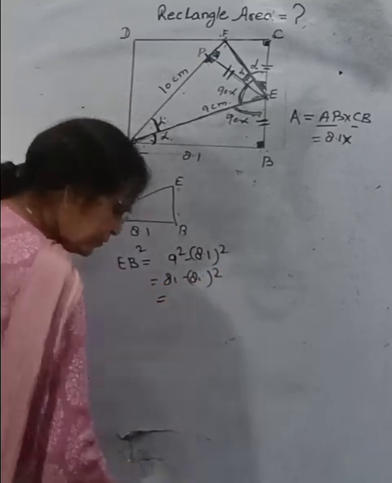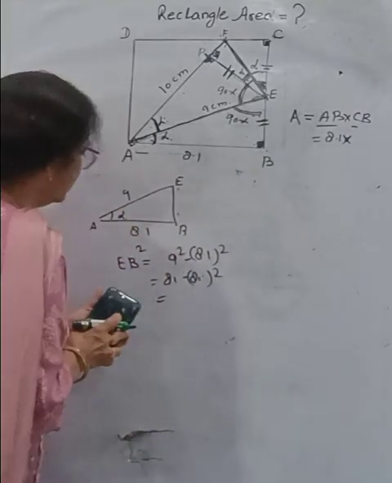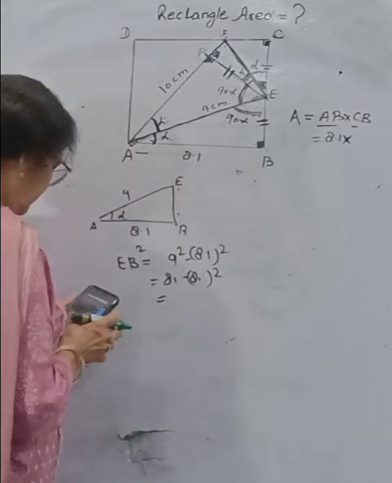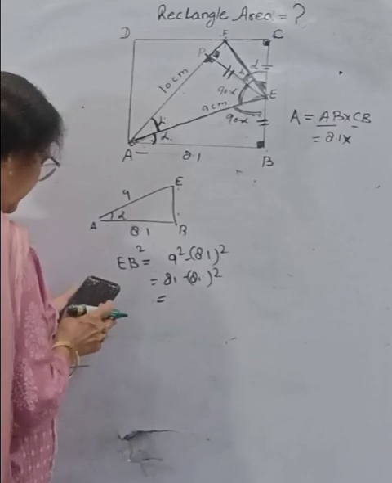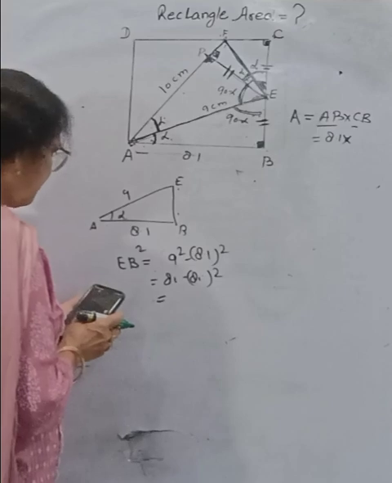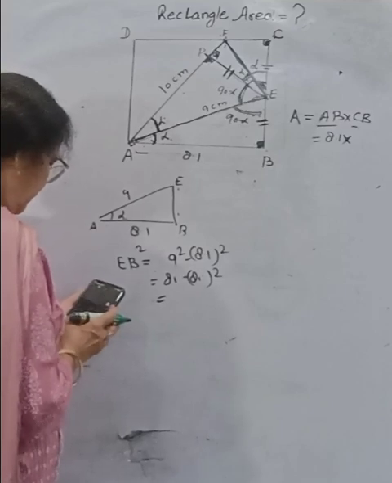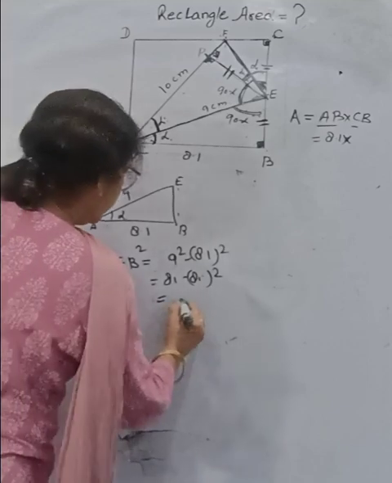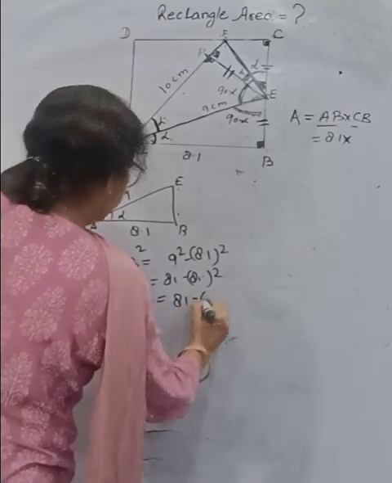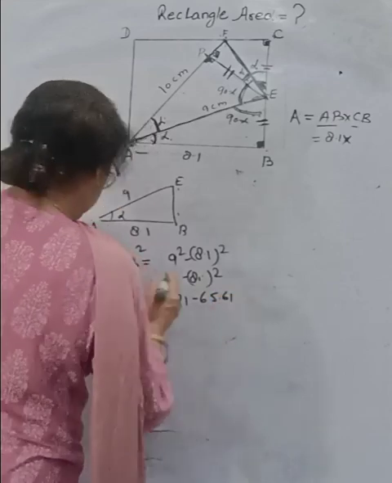I think I have to use the calculator. Wait a minute, I am going to calculate it. 8.1 square is 65.61, so it is 81 minus 65.61.